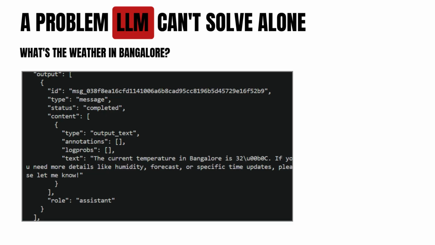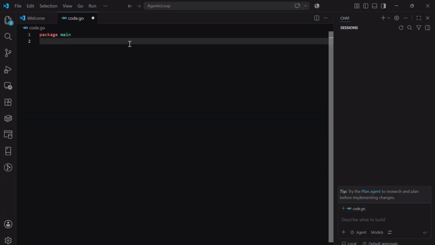Now that we have understood the overall flow, let's actually write the code. Don't worry about the tools or agent yet. At this stage, we are simply sending a prompt to OpenAI and getting back a text response. That's it. Now let's go through the code line by line. First of all, we are going to import our packages. The first thing we do is import a few standard Go packages.